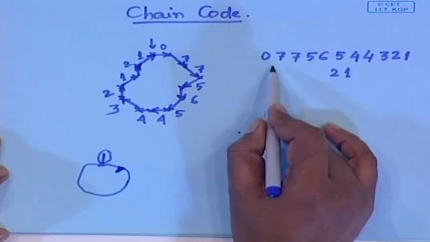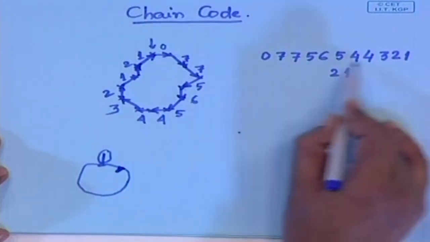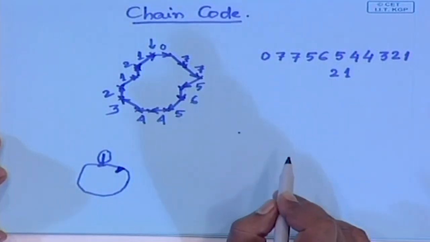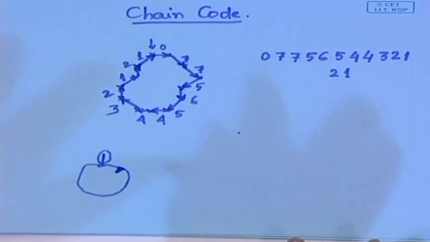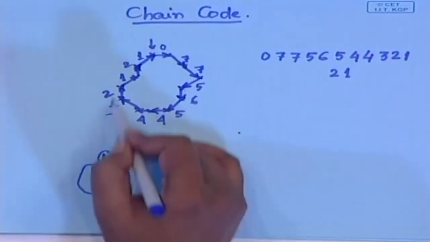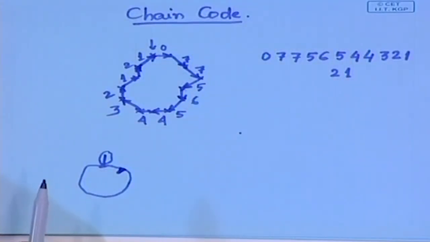Okay. So coming back to this, the boundary is represented by a sequence of directions like this, and over here the length of the line segment is assumed to be 1, because I have moved from every pixel to its neighboring pixel. Okay. So this boundary is represented by this kind of chain code.